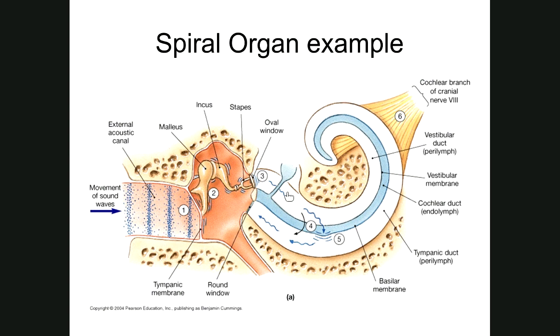Some of the pressure waves are passing from the scala vestibuli through the scala media, follow the arrows, into the scala tympani. The result is that the scala media is oscillating with the pitch of the pressure waves. The highest frequency waves are going to cause bouncing up closest to the stapes, and lower sound waves, which are longer wavelengths, are going to be down further toward the helicotrema.